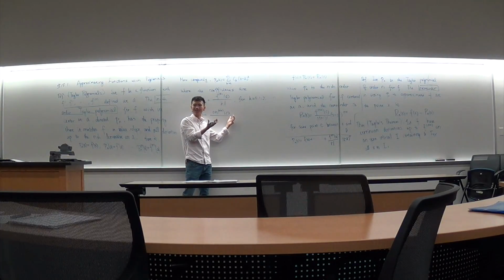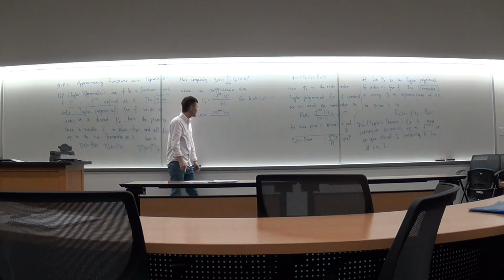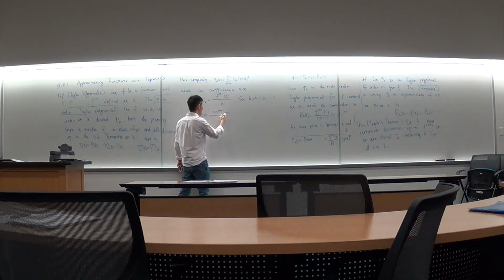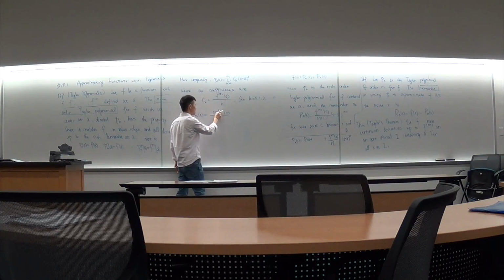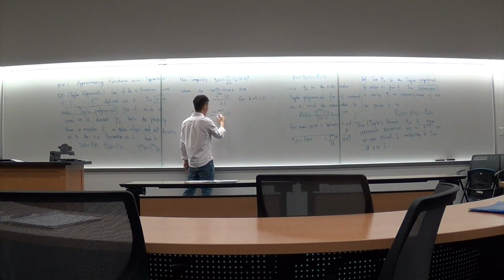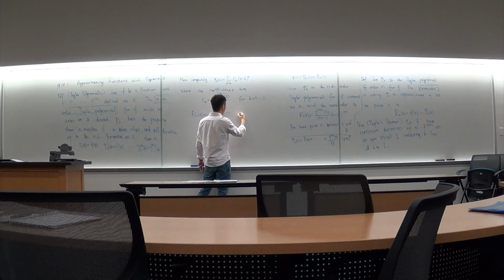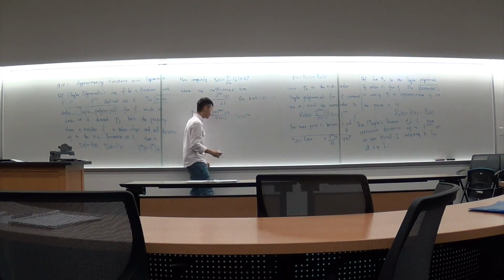We don't know what C is. We just know C is between x and a. But let's think about this. It's the n plus first derivative of the cosine function evaluated at some number C, and on the bottom is n plus 1 factorial, and then x minus 0 to the n plus 1.